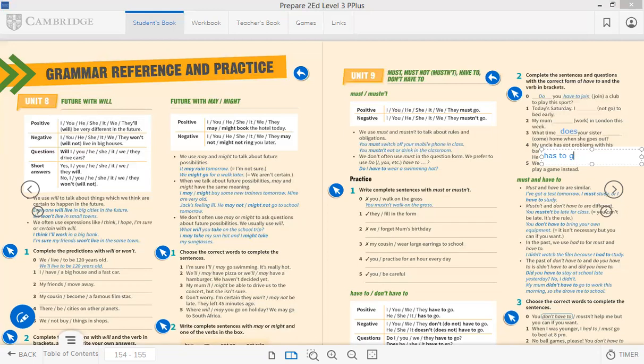And the last one, number 5. We, and it's negative, not watch the film. We can play a game instead. We don't have to watch the film.